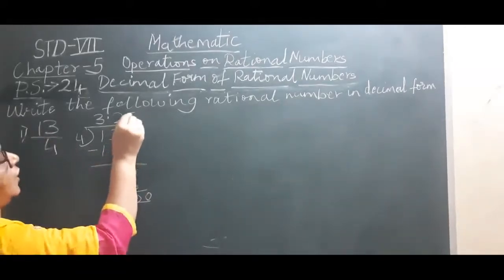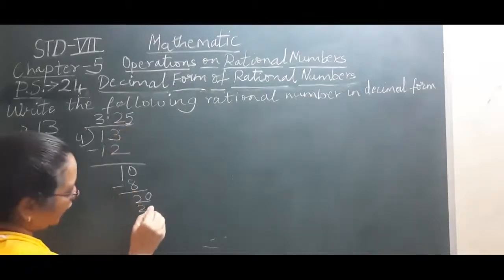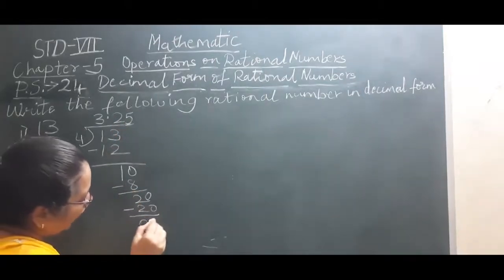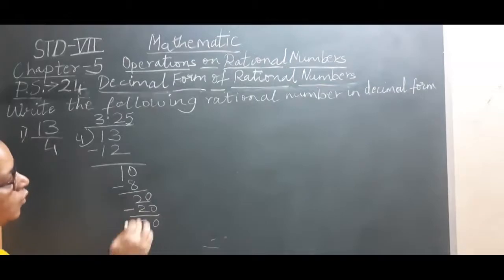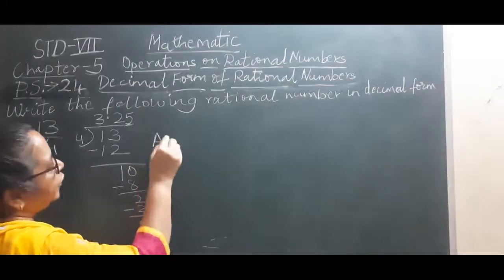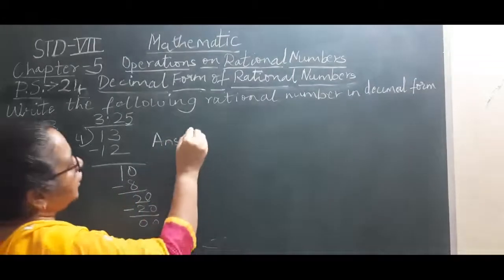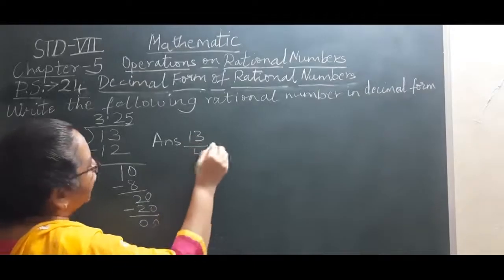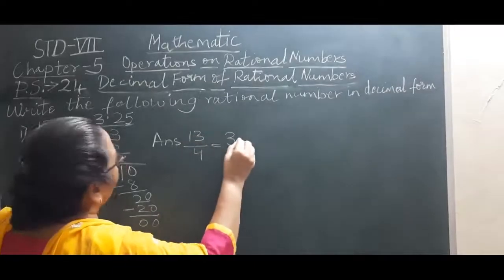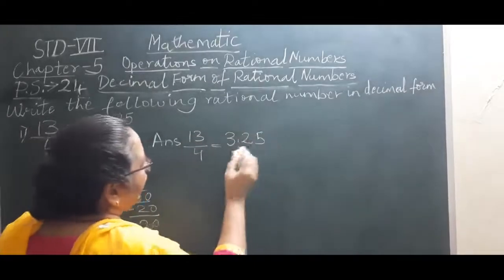Again we can add a 0 here. 4 5s are 20. What are we getting? Remainder as 0. So what answer are we going to write here for the fraction? 13 by 4 is equal to 3.25.